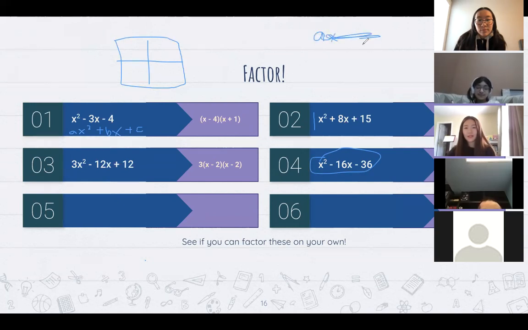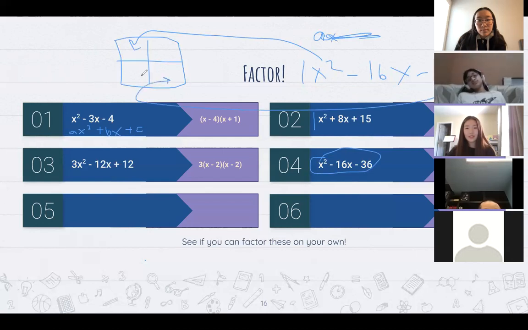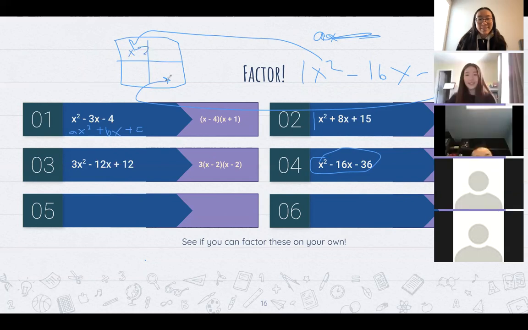So I'm going to say 1x squared minus 16x minus 36. So what do I do? Well, first I put x squared here and negative 36 there.